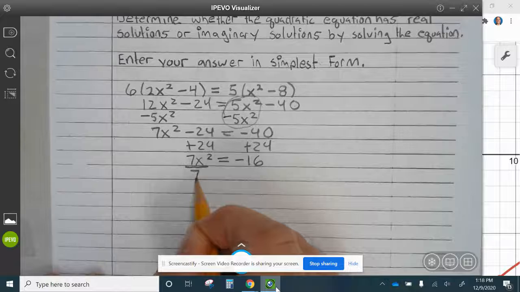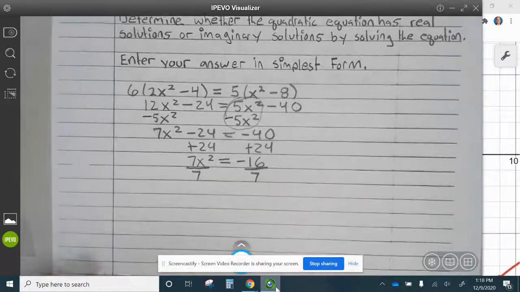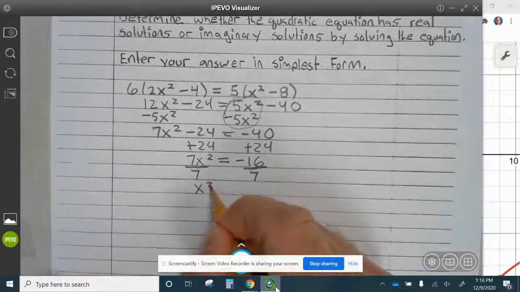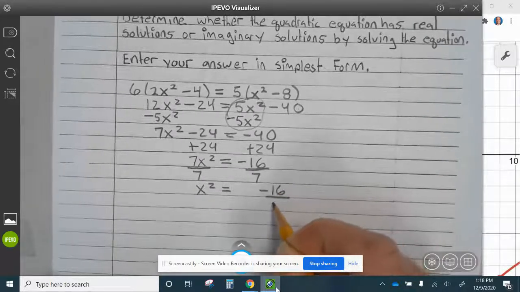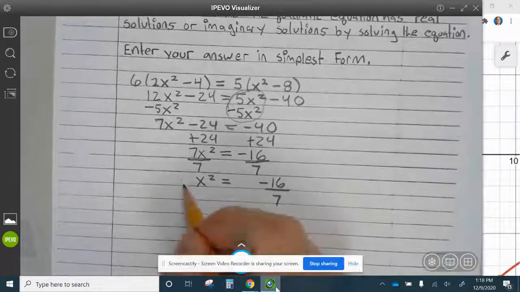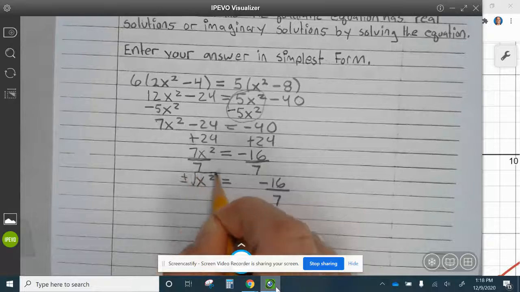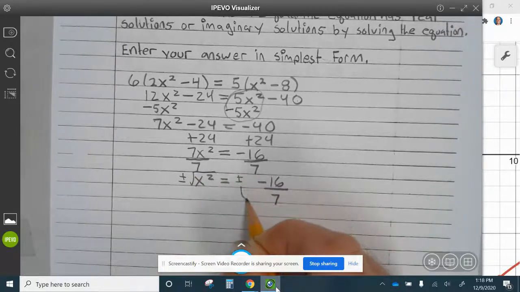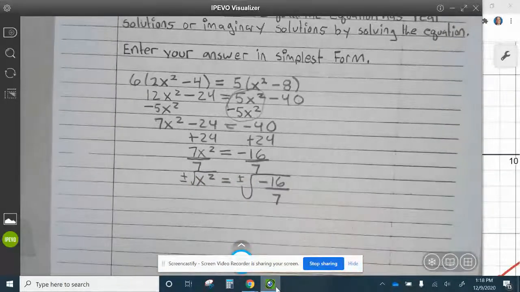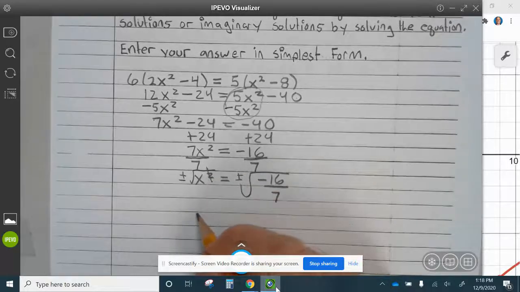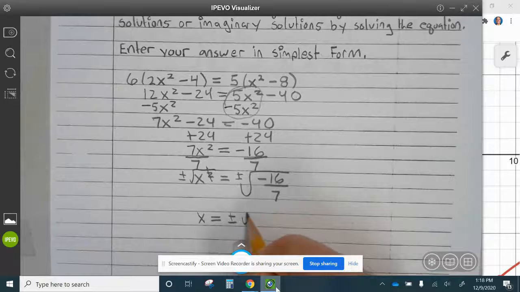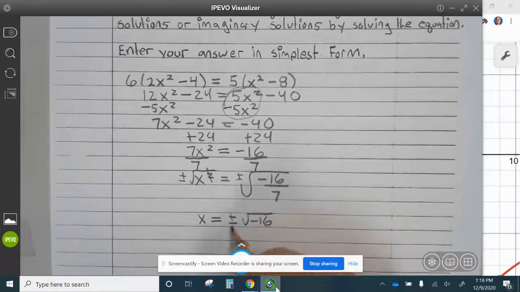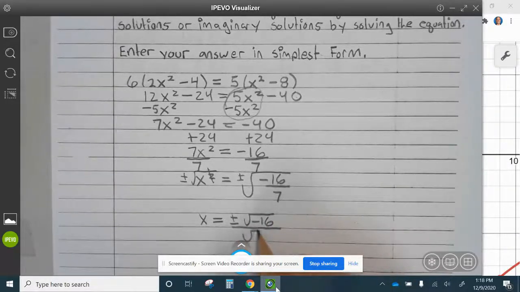Divide both sides by 7. So then you have x squared equals negative 16 divided by 7. Take plus or minus the square root of both sides. Okay, that cancels. x equals plus or minus the square root of negative 16 divided by the square root of 7.